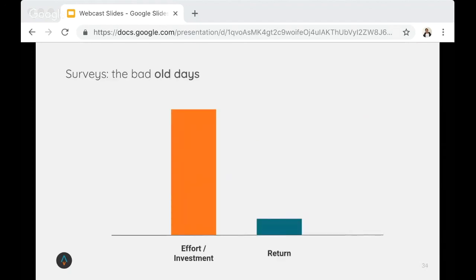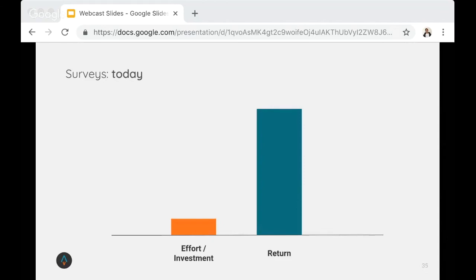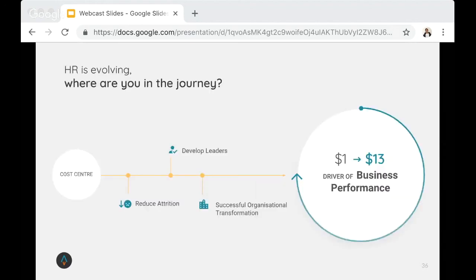So how do we move from surveys in the bad old days, where it took a lot of investment and a lot of effort for very limited return, to hopefully today, where the effort and investment is very minimal, while the returns are much higher? That helps us in HR to evolve from just being a cost center to actually being a driver of business performance.